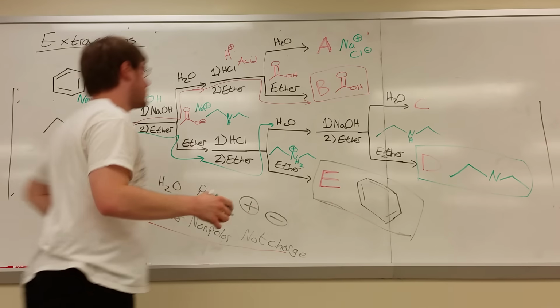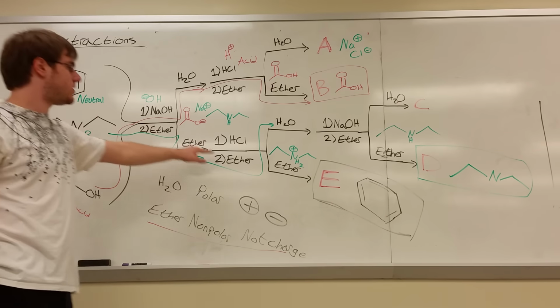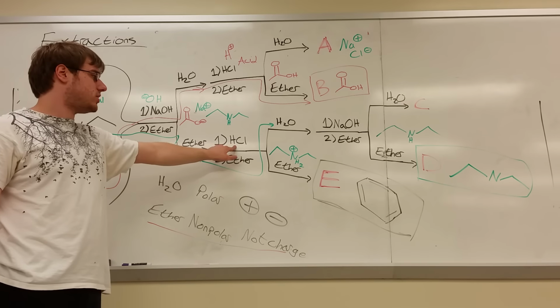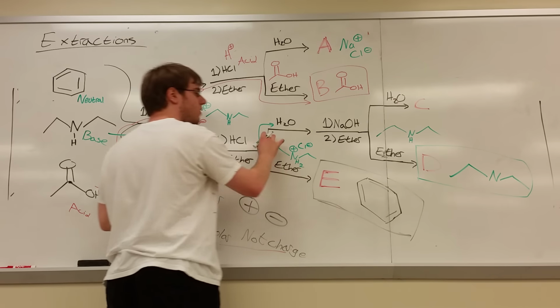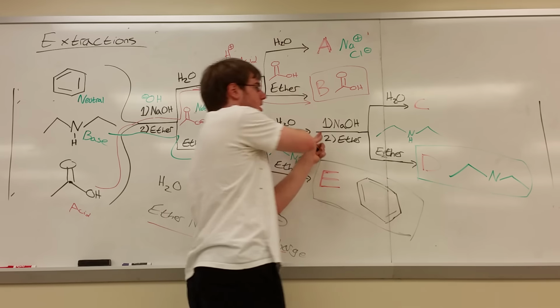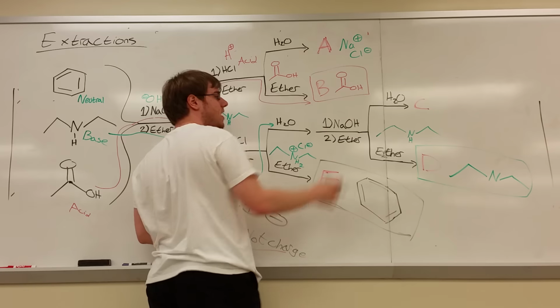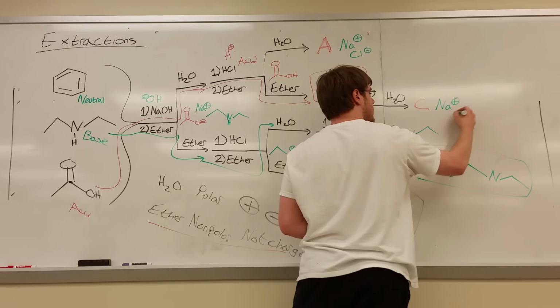And it's the same deal for C. In this step right here, you used the HCl, so you got left behind with Cl-. And that dissolves in the water. Then you used NaOH, you made Na positive. And so both the Cl- and the Na positive will wash out into choice C.